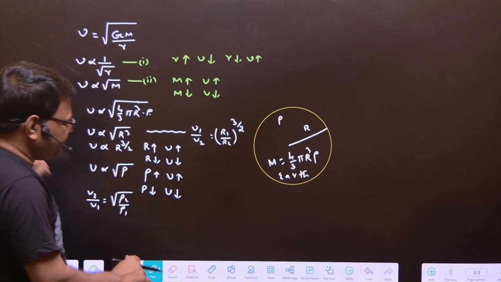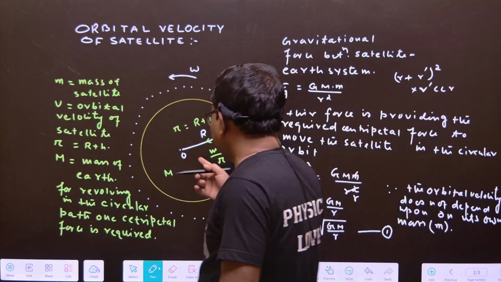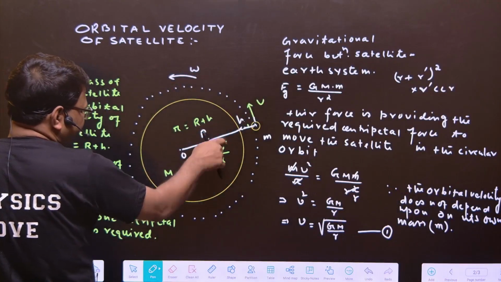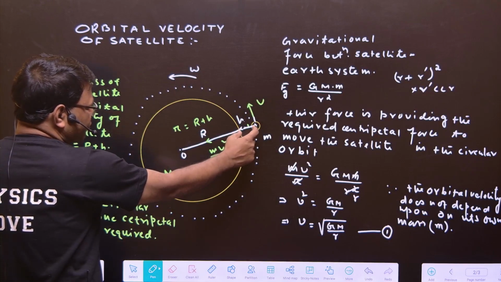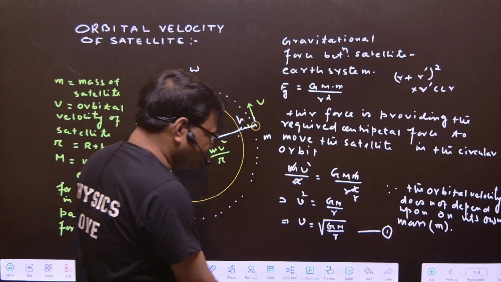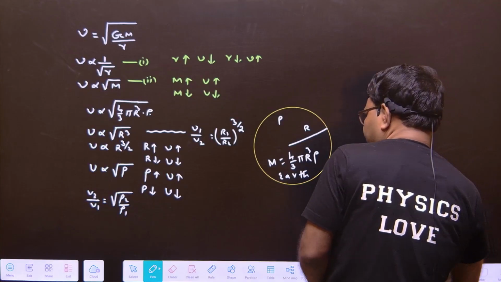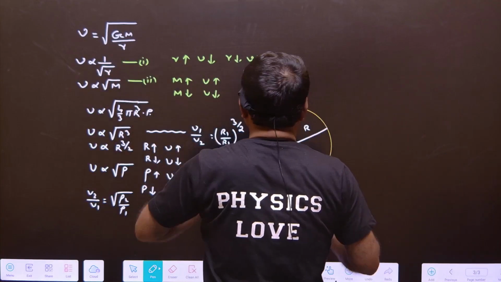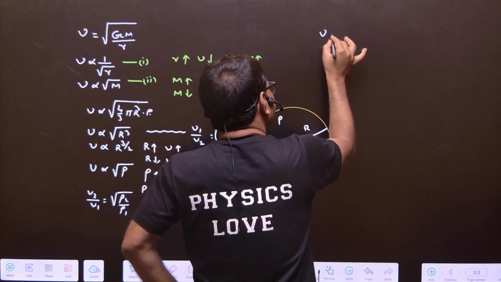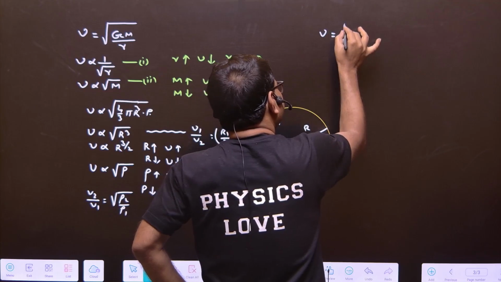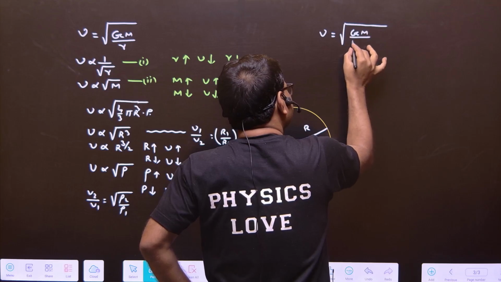Also see the previous page. Now see here, small r was r plus h, where h was the height from the surface of the earth to the satellite. Now I am coming to the next page. Instead of V, this formula can be written like this: V is equal to root over of Gm divided by small r, meaning r plus h.